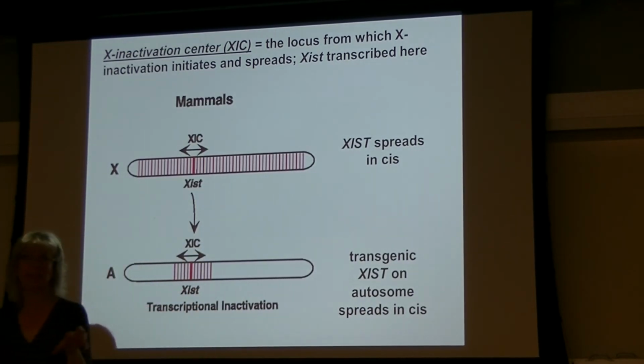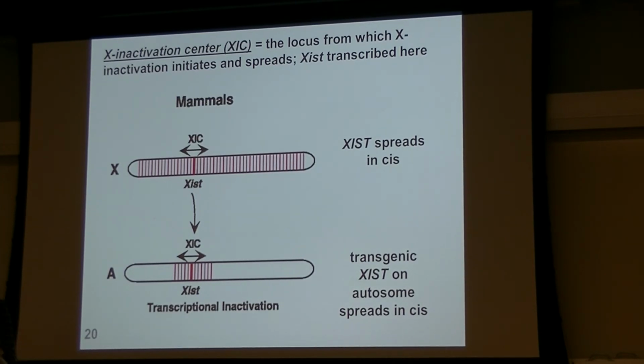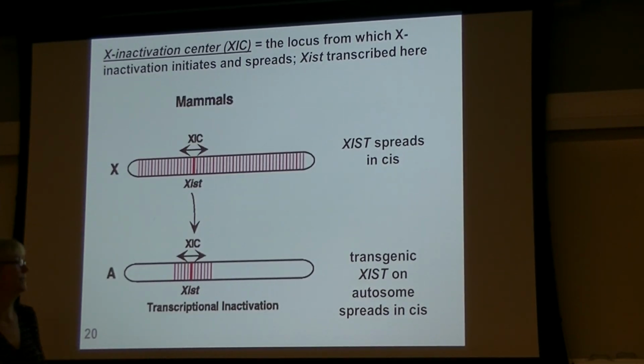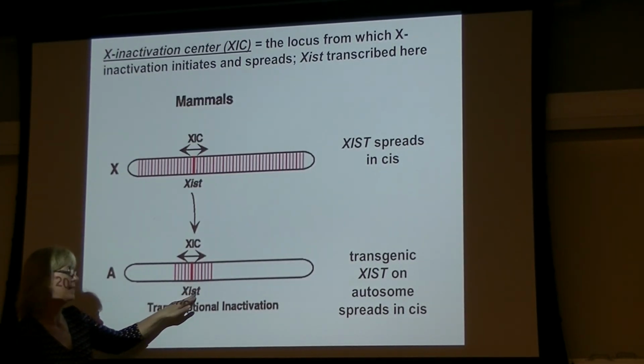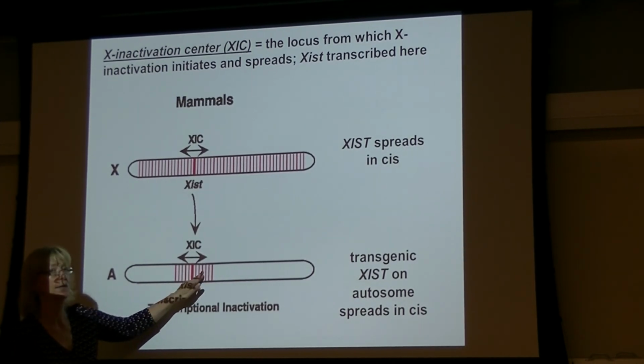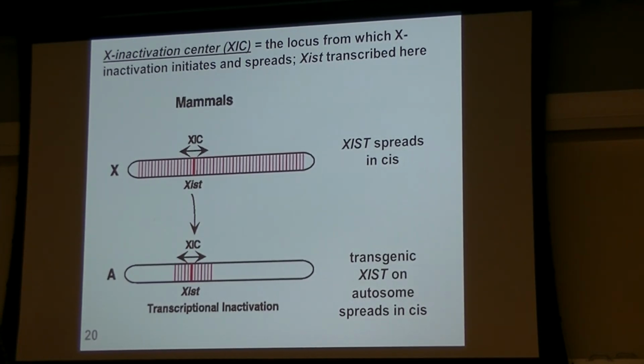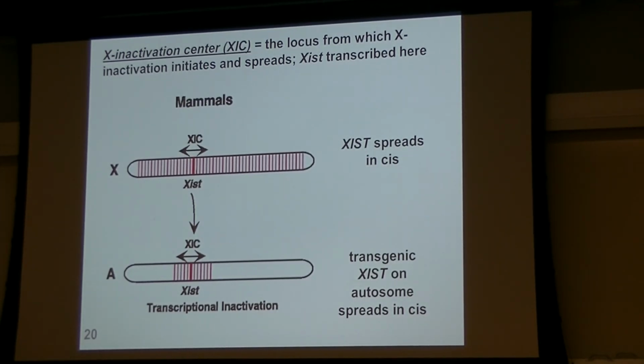So you can get the shutdown of genes located contiguously to that Xist gene to no longer be transcribed. There seems to be something very special about the Xist gene and the fact that it's going to act on the chromosome that is in cis, or literally next to it, contiguous with it, and leaves the rest of the chromosomes out there in the genome not affected.